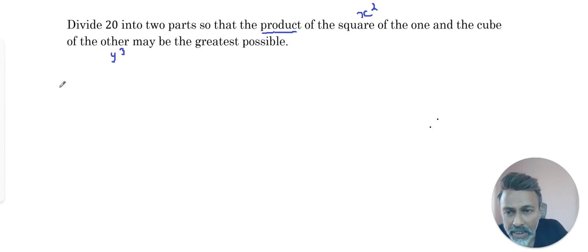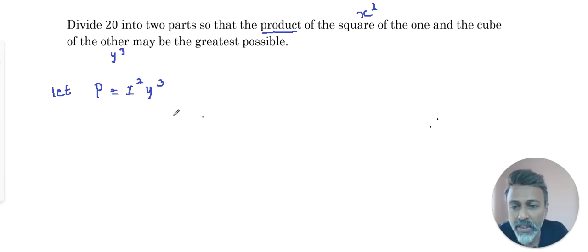So we can write, let the number be equal to x square into y cube. We cannot differentiate at this stage because both are variables, x and y. So we have been provided with this information, divide 20. That does not mean you have to actually divide. It means that x plus y is 20.